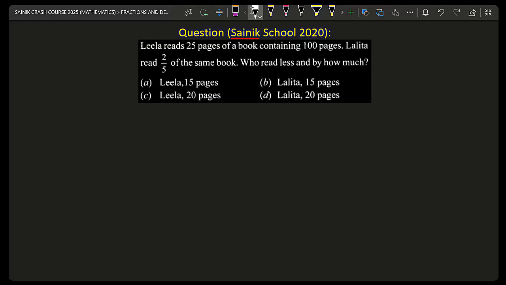Okay. So Leela read how many pages of the book? 25 pages. So Leela read 25 pages, out of 100 pages. Next, how many pages were read by Lalita? How can we do this? Lalita read 2 by 5th. Lalita read how much fraction? 2/5. 2/5 of how many pages? 100 pages.